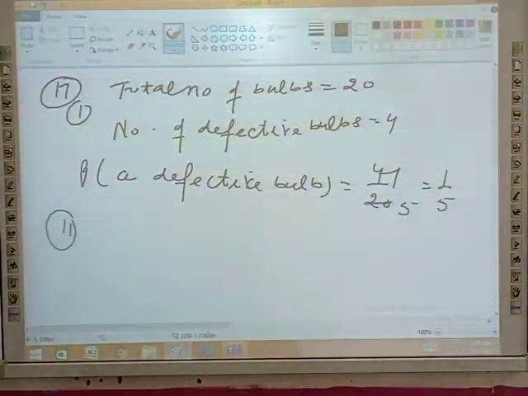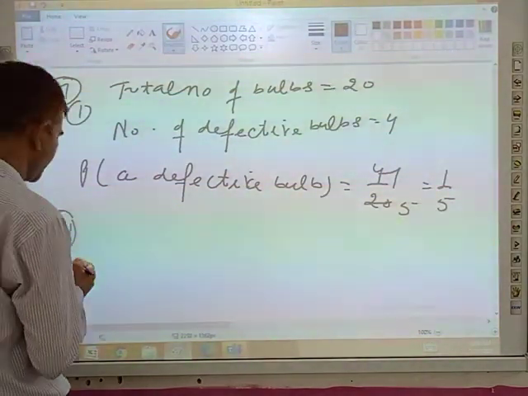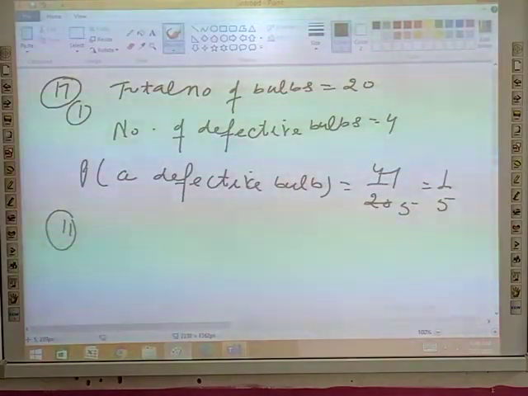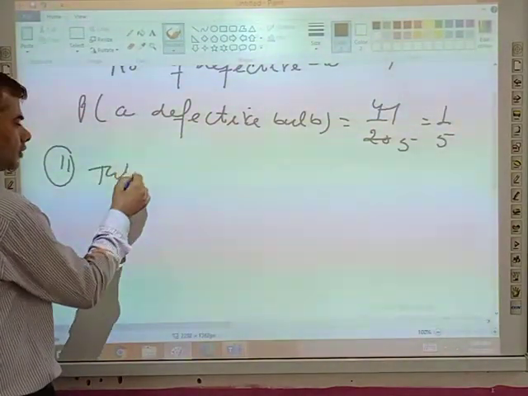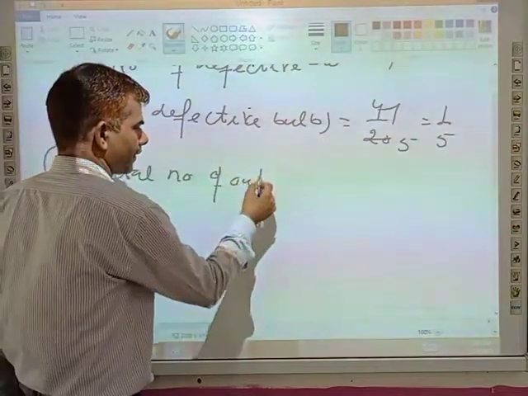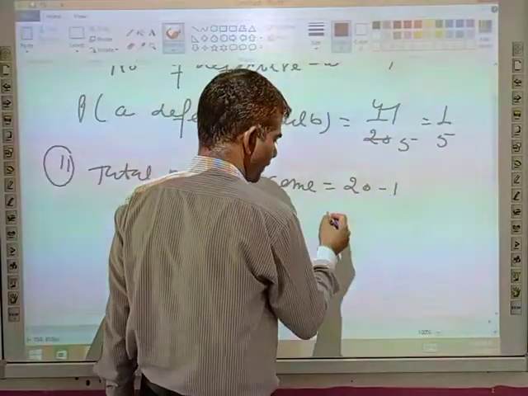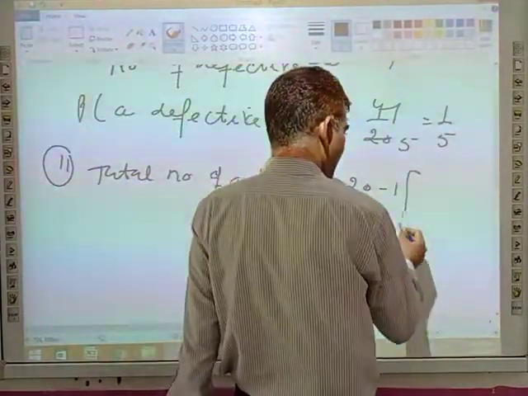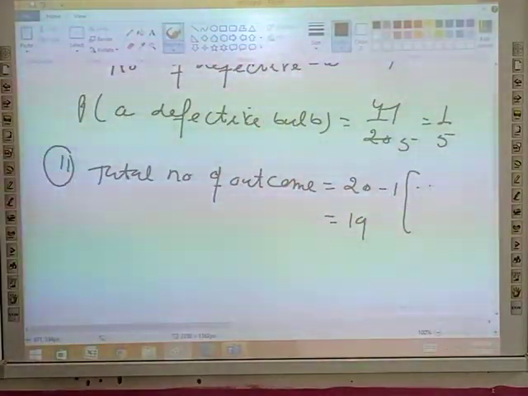Now, total number of bulbs, sir, 20 minus 1. Total number of outcomes: 20 minus 1, that is 19. Write the reason here, because one bulb is not replaced.